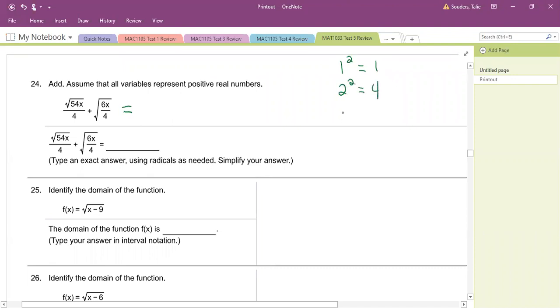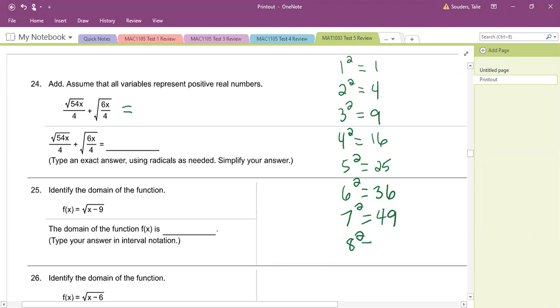Good. 3 squared is 9. 4 squared? 16. 5 squared is 25. Good. 6 squared is 36. 7 squared is 49. Okay, 49. 8 squared?